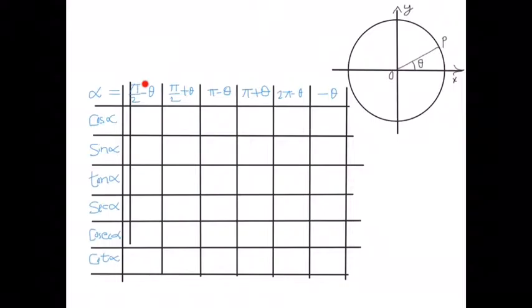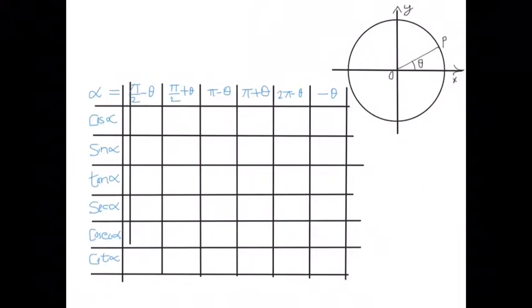So therefore alpha would lie somewhere in the first quadrant. In scenario 2, alpha is pi by 2 plus theta, so obviously it would lie somewhere in the second quadrant. In the third scenario, alpha is pi minus theta, which would again place alpha in the second quadrant. In the fourth scenario, alpha is pi plus theta, which would mean that alpha would lie somewhere in the third quadrant.